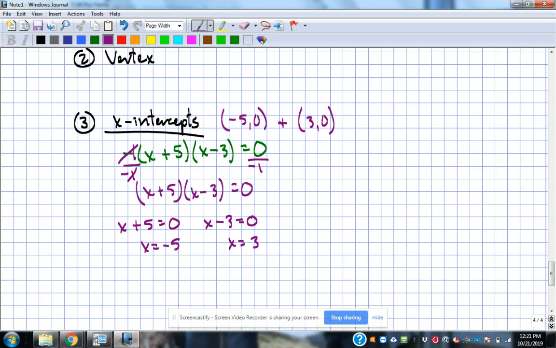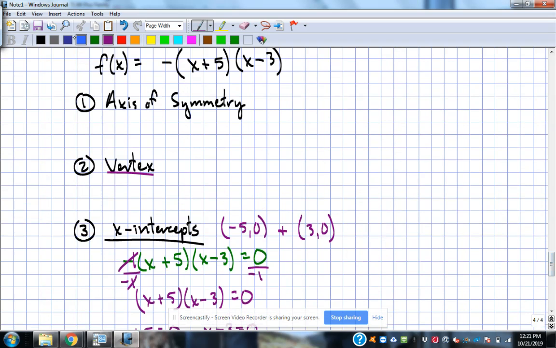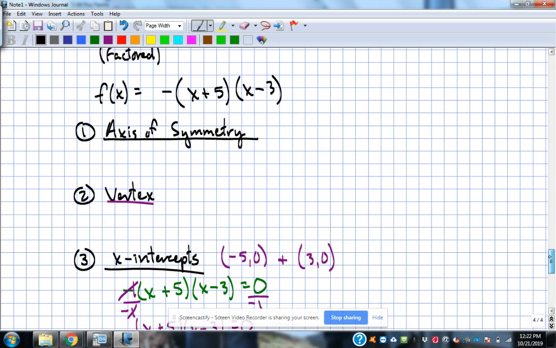Now, let's go back and get the axis of symmetry and the vertex, which is not quite as easy from intercept form, but it is fairly easy from standard form. Could we take this intercept form problem and put it in standard form? Yeah, all we got to do is just multiply it out, right?